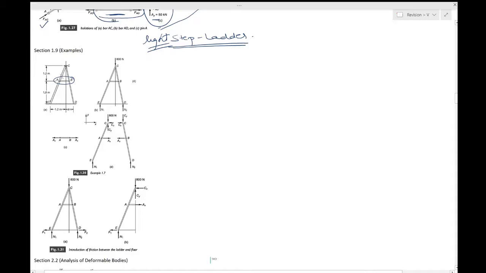And the purpose can be the same. You want to find the force in AB so that you can choose a material and a thickness so that this will not break. Because if this AB breaks, it will be a big problem for the person standing on C. So as a designer, as an engineer, this is what you are trying to do.